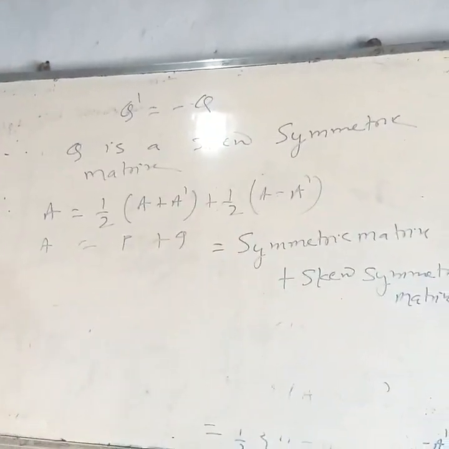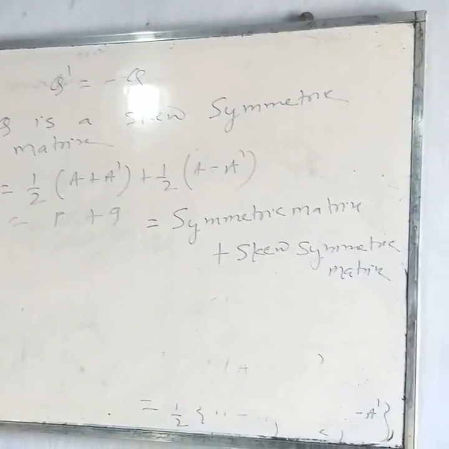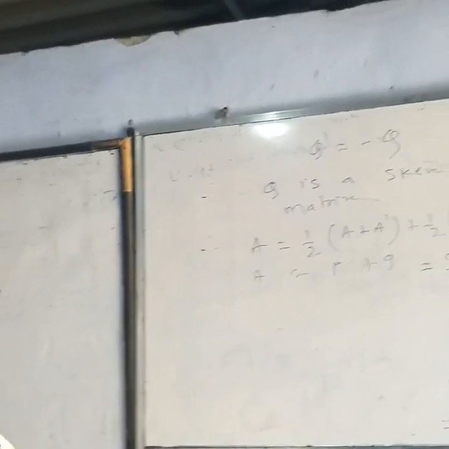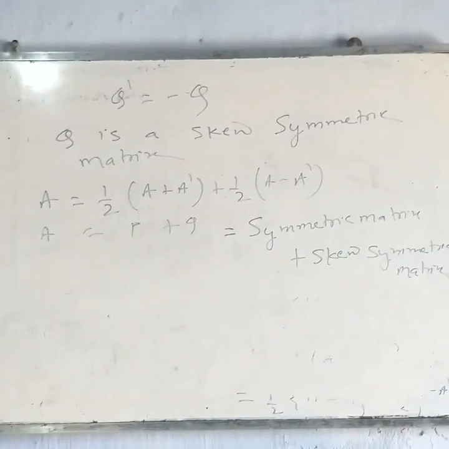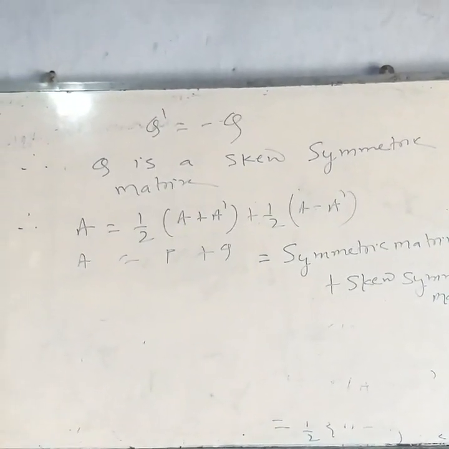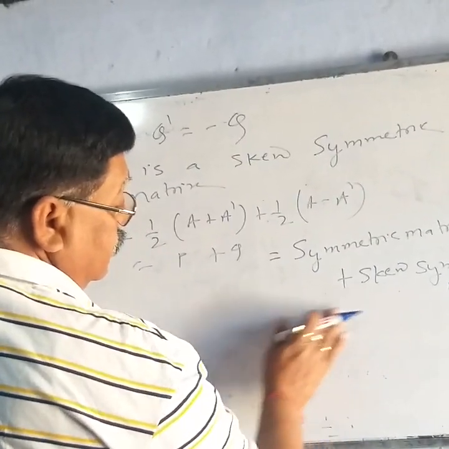In this way, any square matrix can be expressed as the sum of a symmetric matrix and a skew symmetric matrix. This is regarding symmetric and skew symmetric matrices.